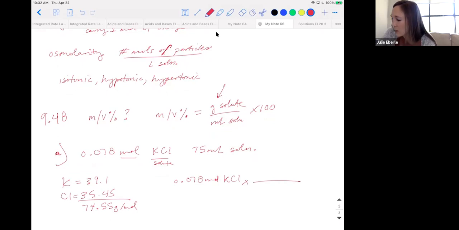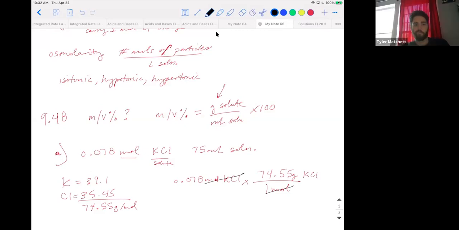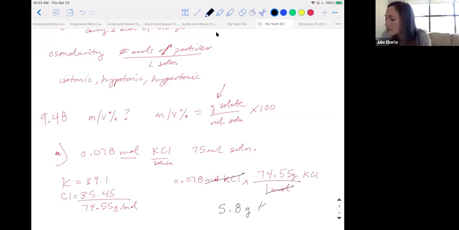So for every 1 mole, it is 74.55 grams of KCl. What do we get here? 5.8. All right, 5.8 grams.